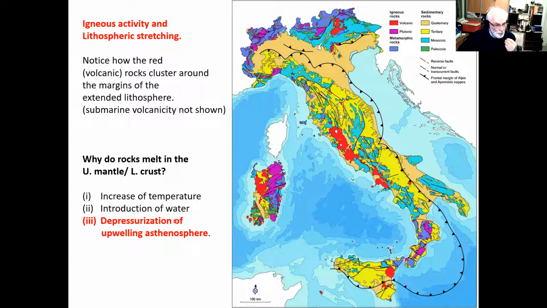But the other way is by depressurizing rocks, because the melting temperature of mantle rocks tends to decrease as you lower the pressure. So if you have upwelling of mantle as a result of stretching, that can result in melting of the lower crust and or upper mantle. And that's probably what's going on here. You've got depressurization melting.